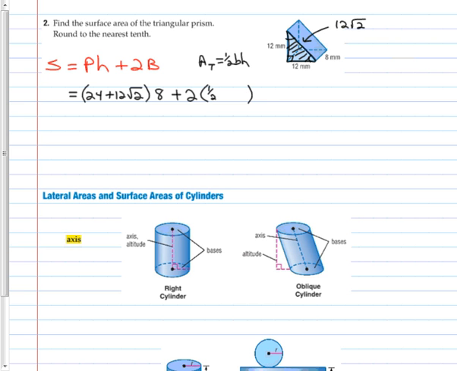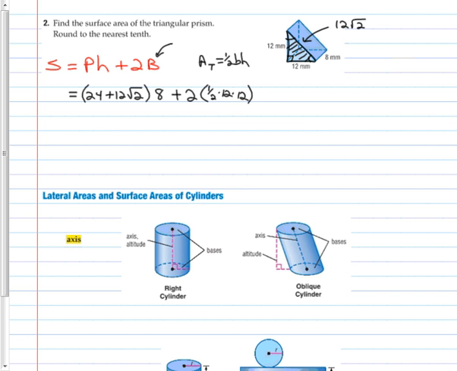So 1/2, what would I call the base? 12 times, what would I call the height? 12. Remember, we are talking about the triangle now. This B is the area of the base. So we're ignoring the prism. It's the area of this triangle. So 1/2 of base 12 times height 12.